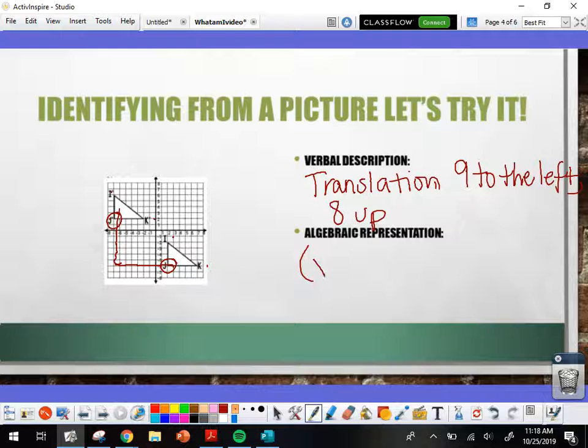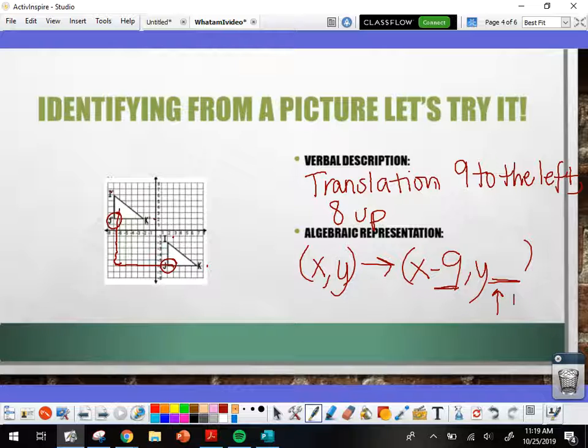And then we're going to write the rule. Always start with x, comma, y. And then we have to say what happened to the x and the y. With translations, we start with the x and the y. And over here, we say how far they moved. So the x moves to the left and the right. It's moving to the left, so I know that it's going to be minus. And it went 9 places. So it's going to be minus 9. The y always moves up or down.